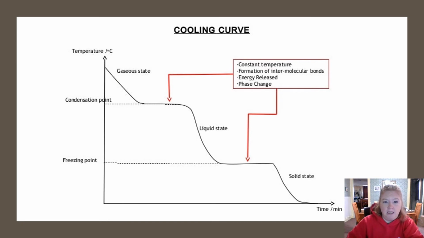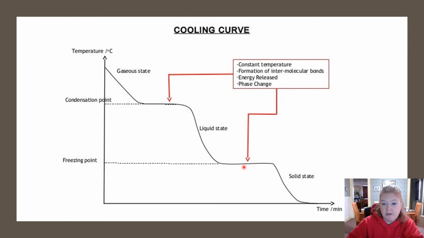Okay, so again, in a cooling curve, we have a gas cooling, the gas changing to a liquid, condensing, the liquid cooling, the liquid changing to a solid, freezing, and the solid cooling. Where we have a constant temperature, we're forming stronger intermolecular forces, so energy is being released.